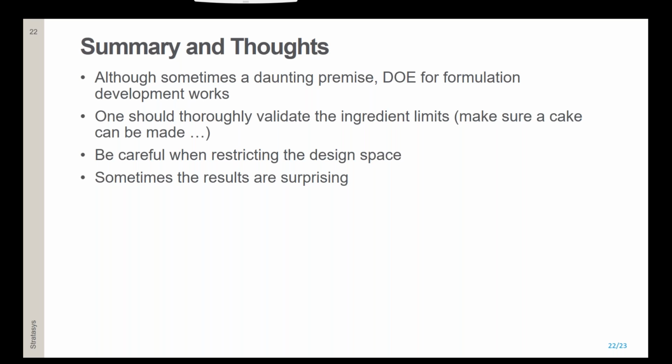We now validate the ingredient limits before we start the experiment or before we start the design, to make sure that the cake can be made at all and not to run into the same problems we had before.